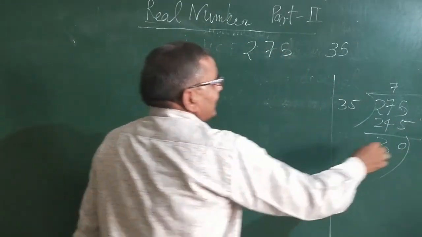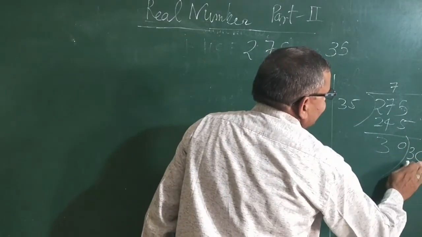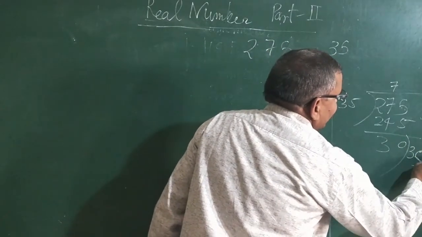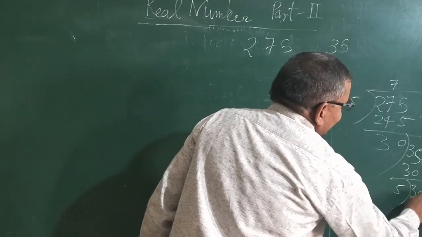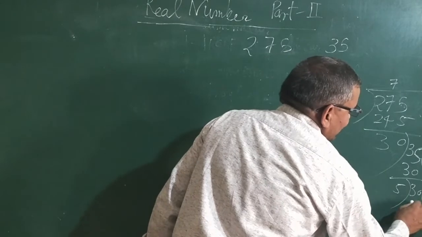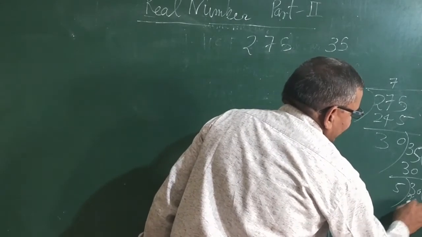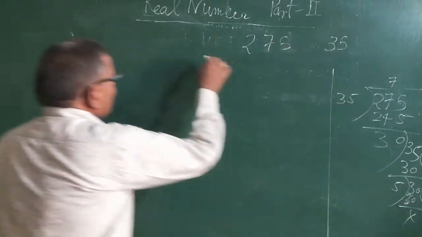Then 35 divided by 30: 1 times 30, remainder 5. Then 30 divided by 5 is equal to 6, 6 times 5 is 30, that is remainder 0.